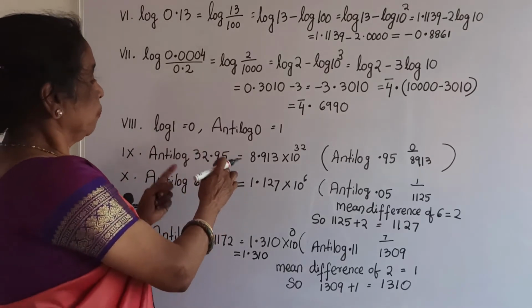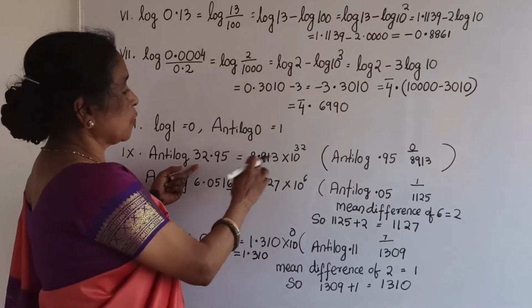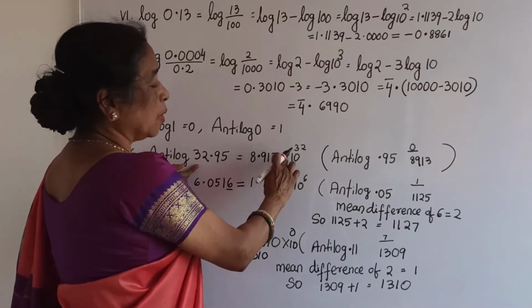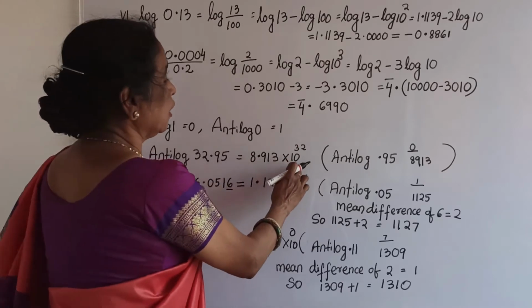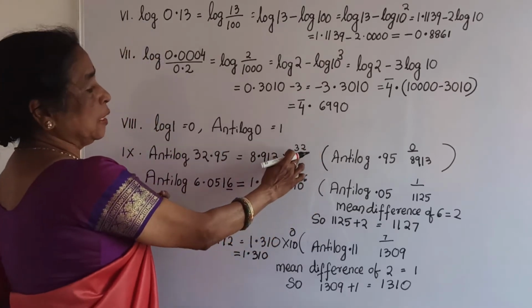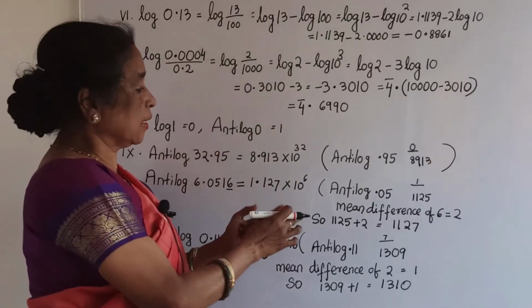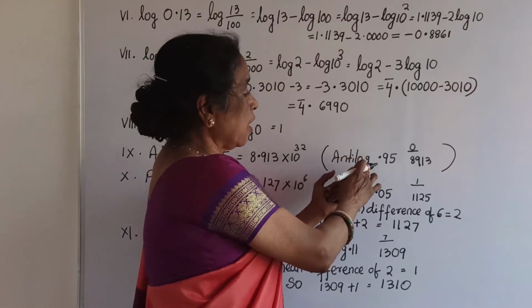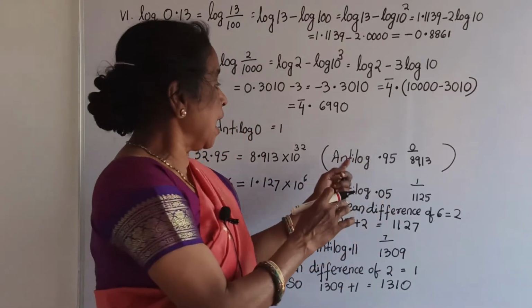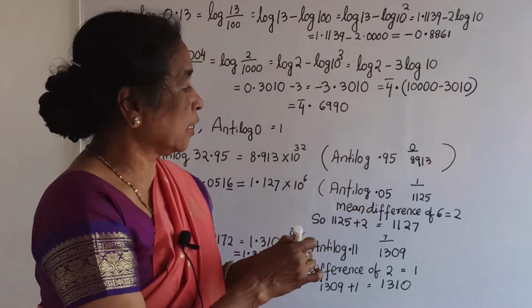Then what to do? Before the decimal, 32 is there. That is why you put a multiplication sign, then 10 to the power 32. Then what is remaining? 0.95. Then you see the anti-log of 0.95.